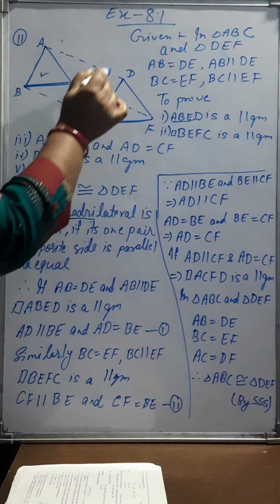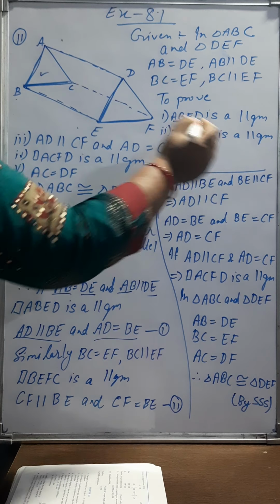So clearly we can write ABED is a parallelogram. And if ABED is a parallelogram, the second pair will also be parallel and equal. So we can write AD will be parallel to BE and AD is equal to BE. Let us give it equation number 1. Now come to the quadrilateral BEFC.